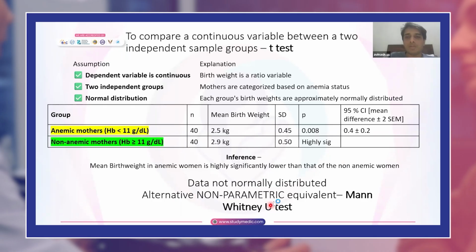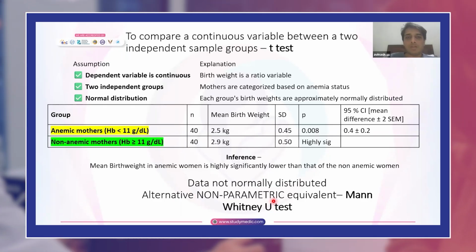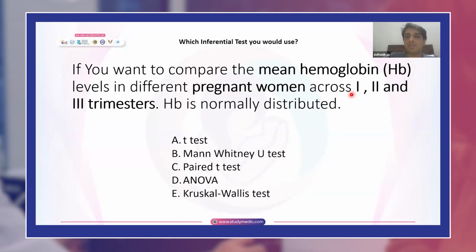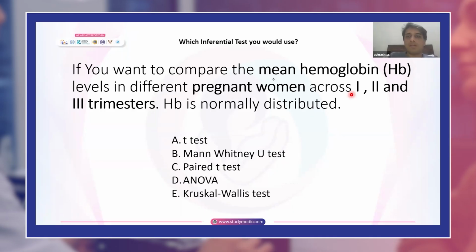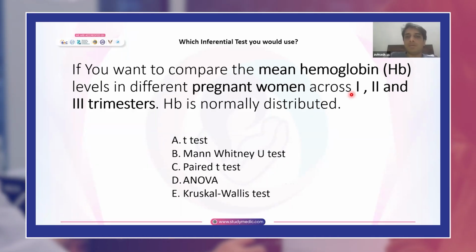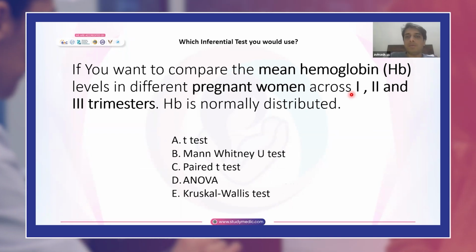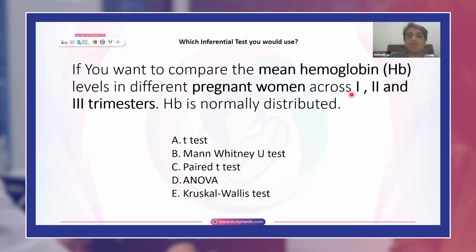Now we will extend this. In this case, you can see the continuous variable in pregnant women across the first trimester, second trimester, and third trimester. The continuous variable is the mean hemoglobin, and we are comparing it across three different independent groups.